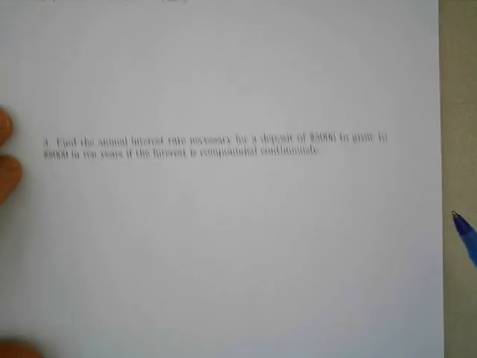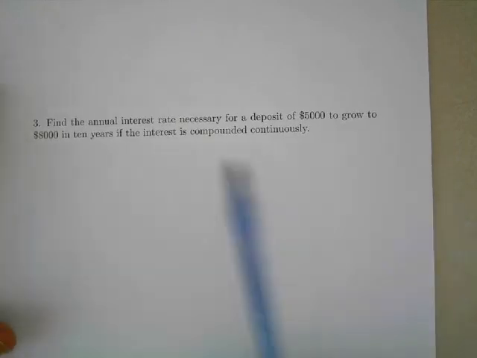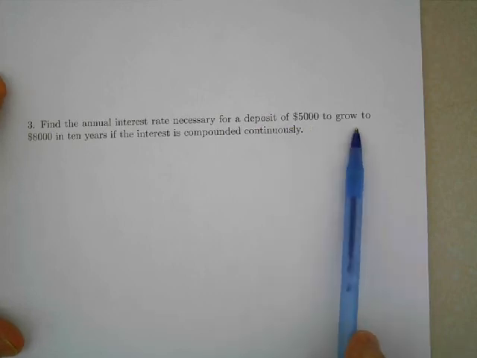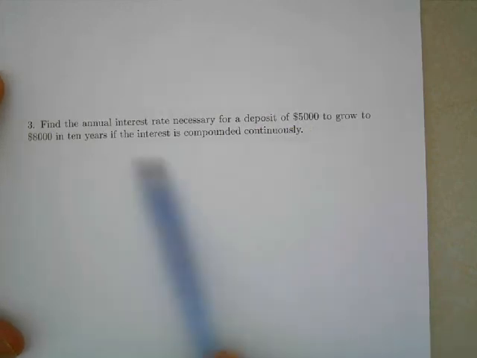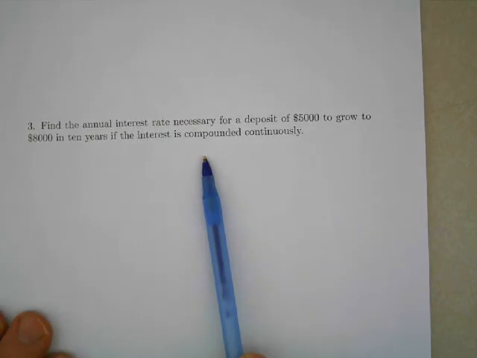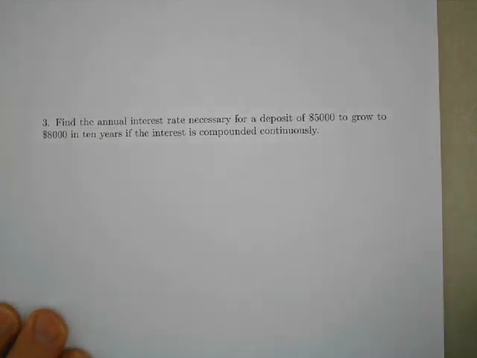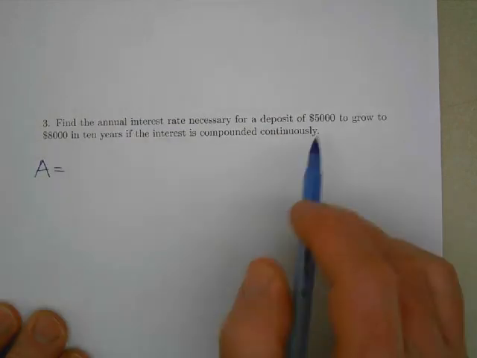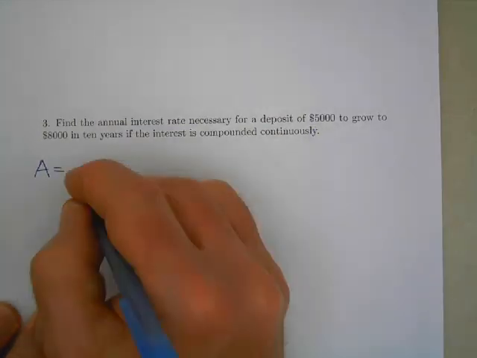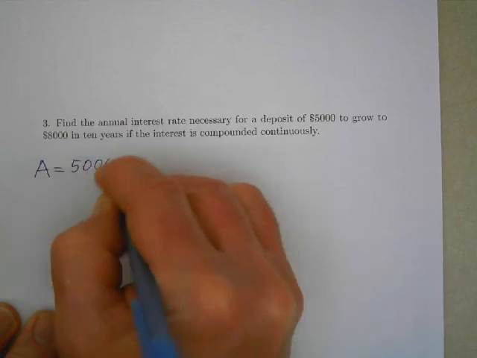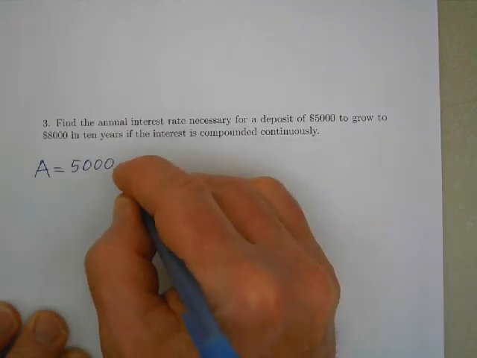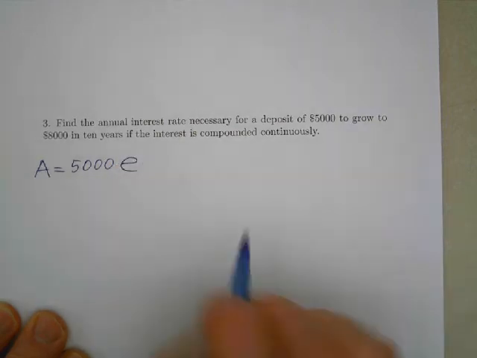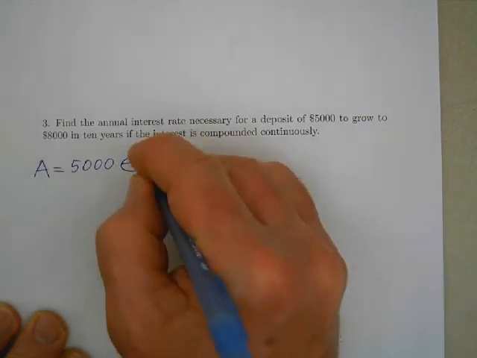Okay, in the next problem, find the annual interest rate necessary for a deposit of $5,000 to grow to $8,000 in 10 years if interest is compounded continuously. So let's write down the function. The amount invested initially is $5,000, and the interest is compounded continuously, so it's e to the RT.